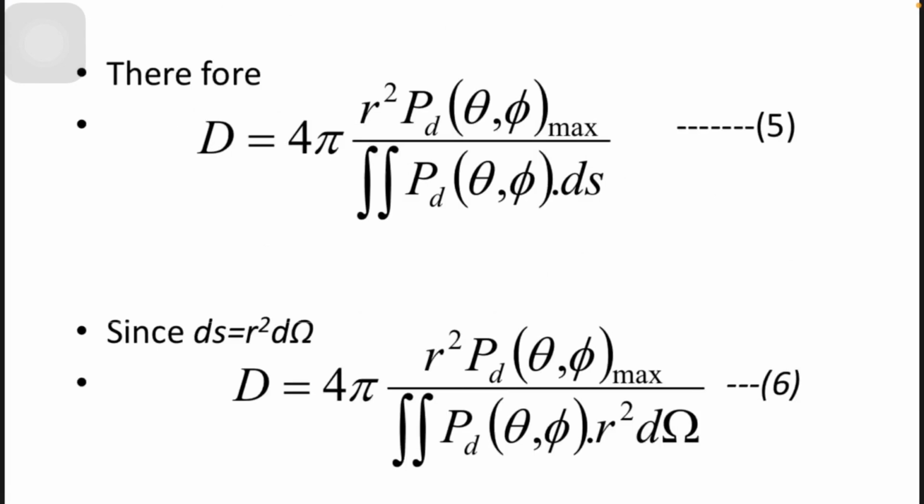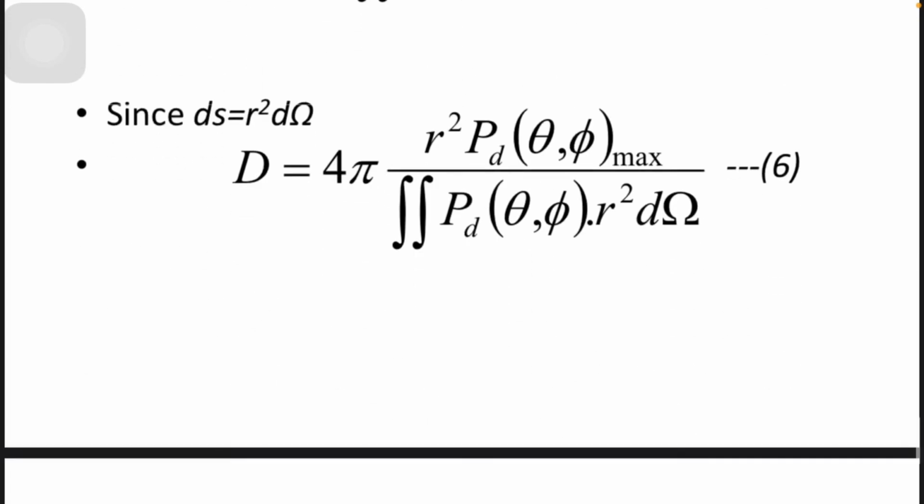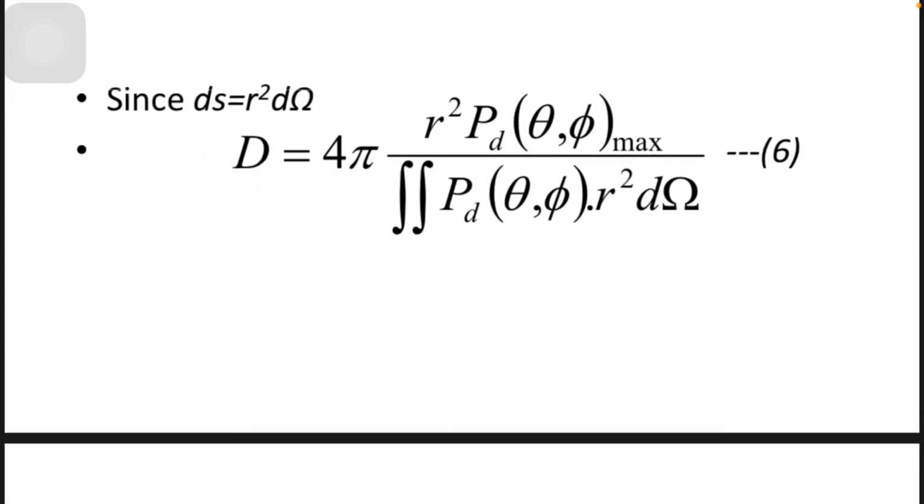Therefore, D equals 4 pi R squared Pd(theta, phi) max by the double integral of Pd(theta, phi) dS, that is the fifth equation. Since dS equals R squared d omega, D equals 4 pi R squared Pd(theta, phi) max by the double integral of Pd(theta, phi) R squared d omega, that is the sixth equation.